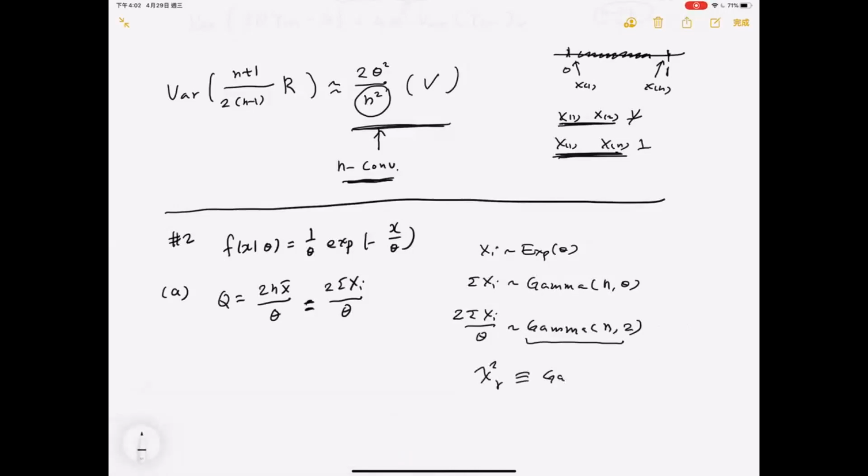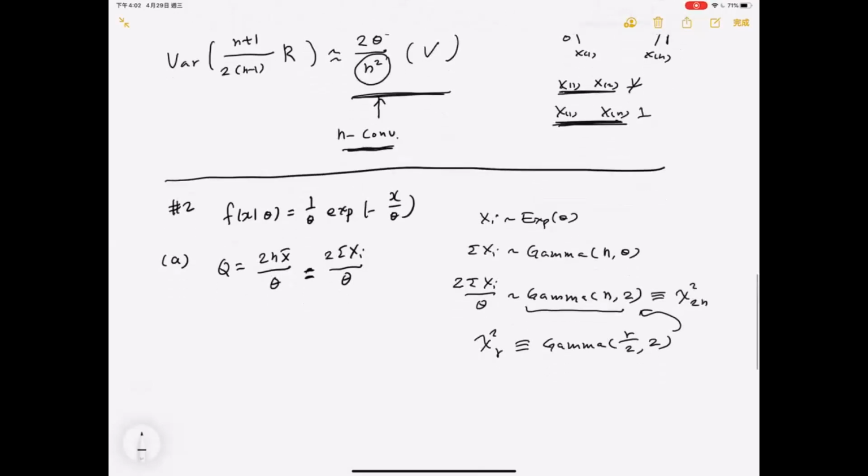By definition, chi-square with R degrees of freedom is gamma R divided by 2, 2. So it's not surprising that this is actually chi-square 2n. You could write it either way.